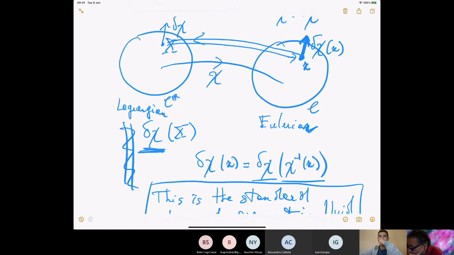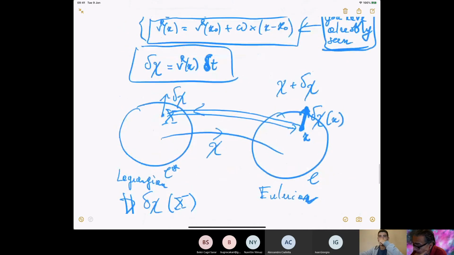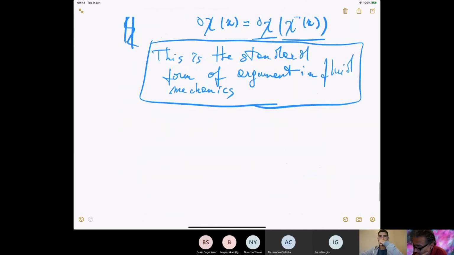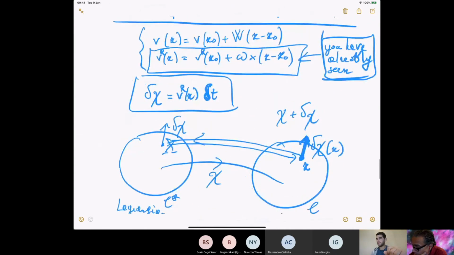Now, I consider this delta K of small x given by this formula.